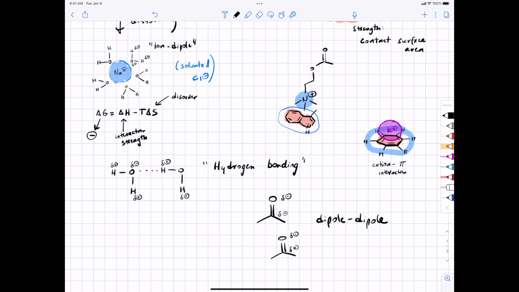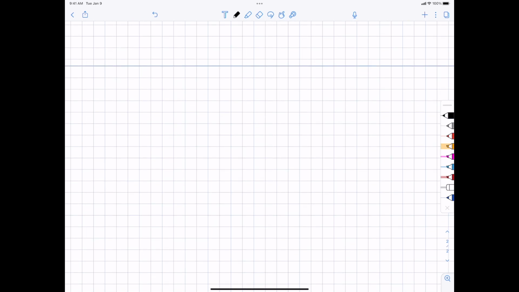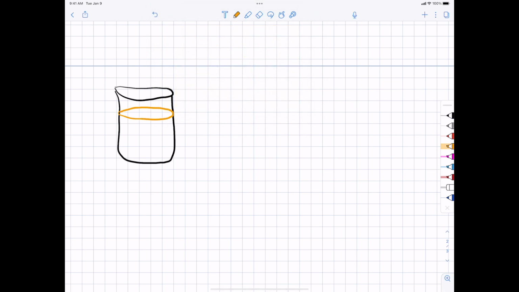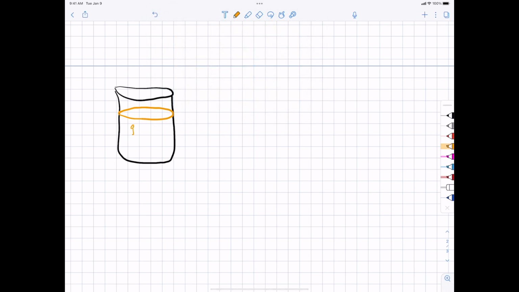All right, so let's deal with oil and water, because this is a useful way of comparing the strength of various interactions. So here is a beaker. And it's going to be filled with some organic solvent. Let's, in this case, say like octane or something like that. So gasoline.